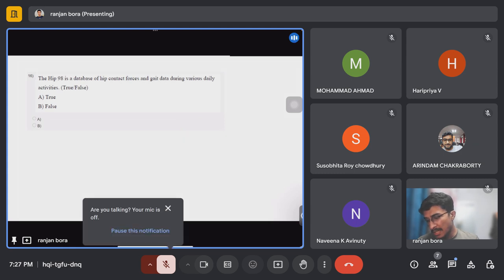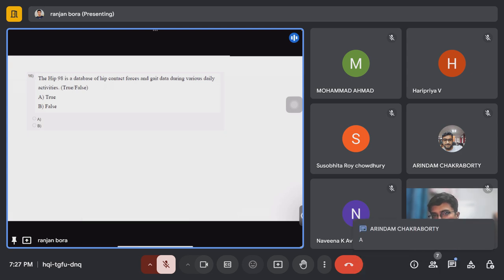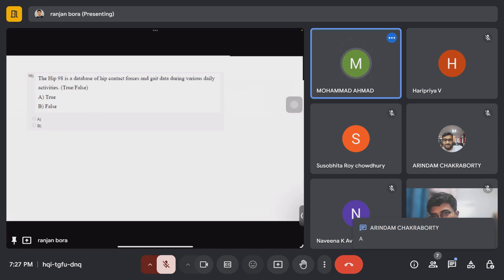The HIP98 is a database of hip contact forces and gait data during various daily activities. Is it true or false? Yes, it is true.